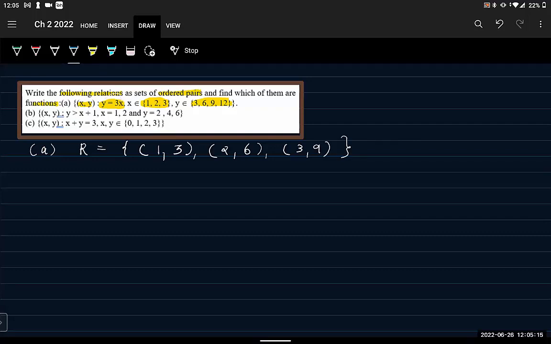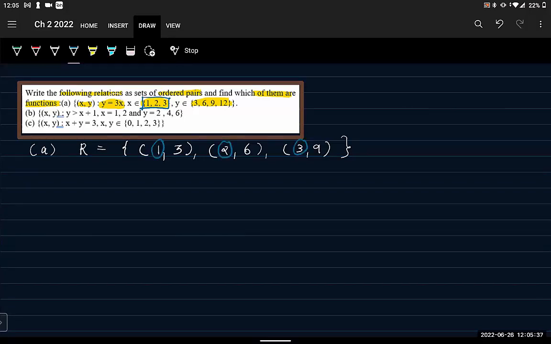Okay, now we have to check whether this relation is a function or not. The condition to check whether the relation is a function is that the domain must be utilized and the element of the domain must not be repeated. Here the domain is 1, 2, 3, which is given in the question, and here we can also see 1, 2, and 3.